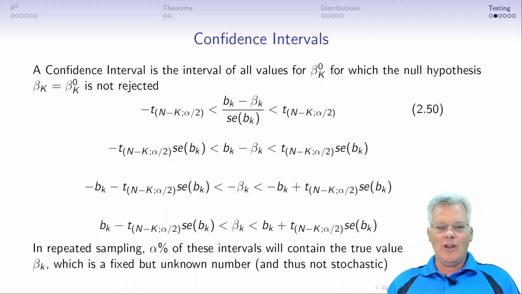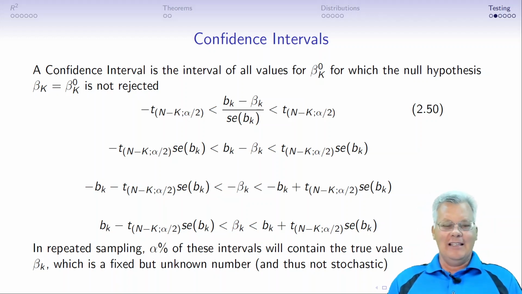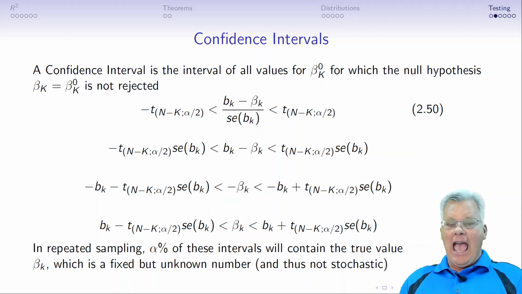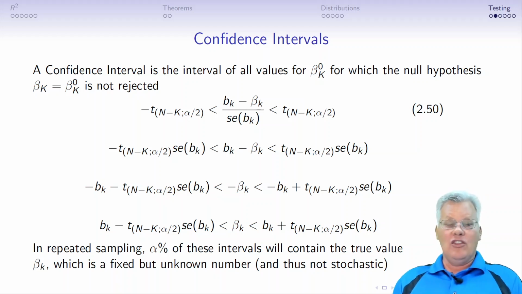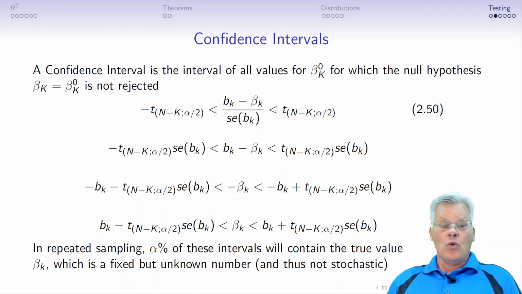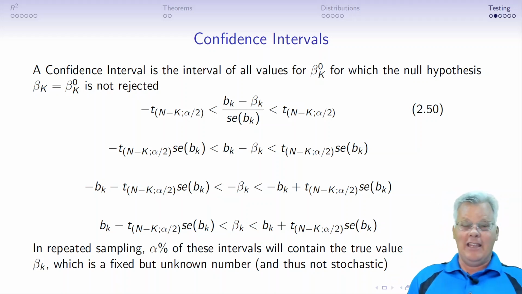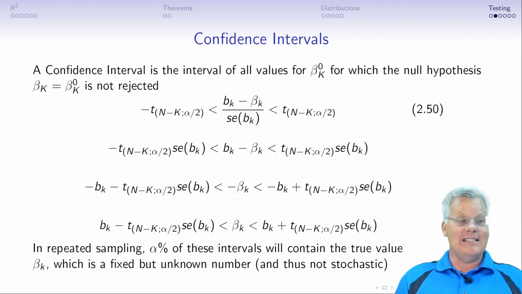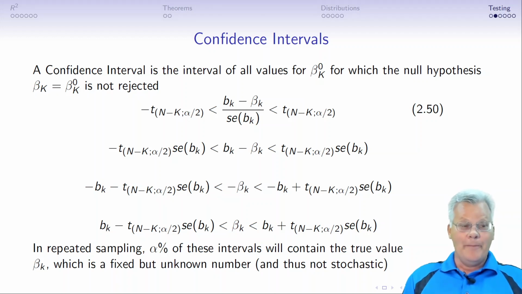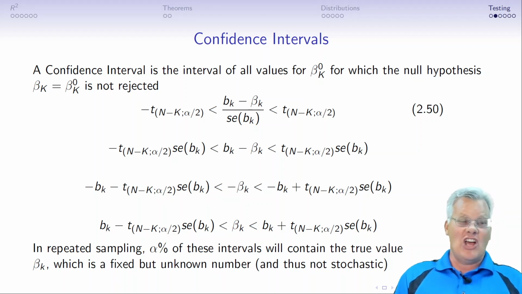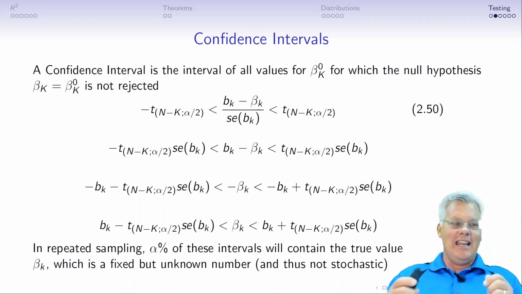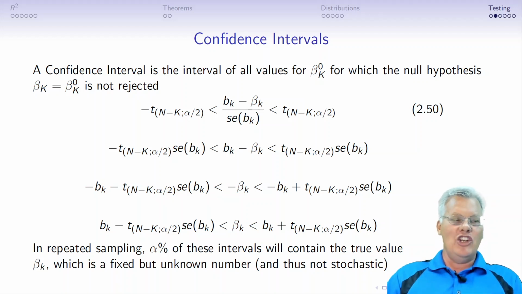Right. So what we can say then is that in repeated sampling, alpha percent of these intervals that are constructed will contain the true value beta sub k, which is a fixed but unknown number, and thus not stochastic. So to repeat again, since beta is a Greek letter, that means it is unknown, it is non-stochastic, it does not have a statistical distribution, it has a discrete unknown value.